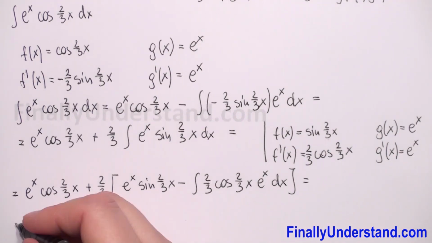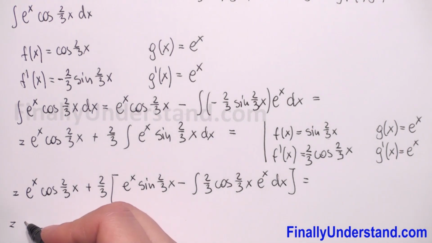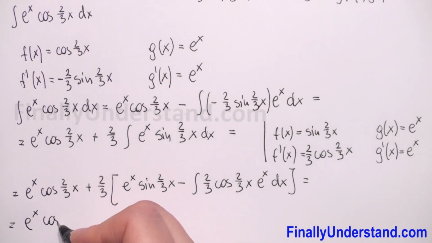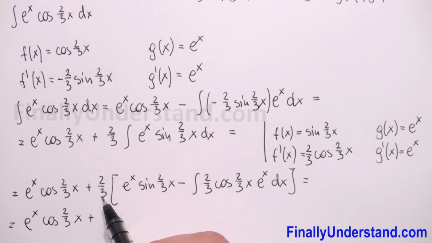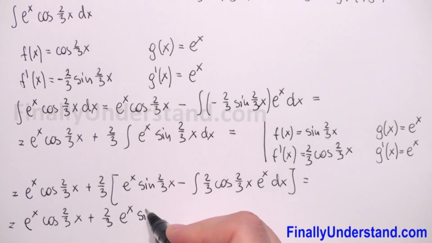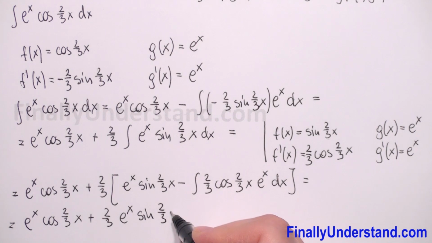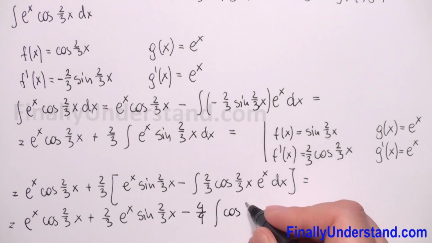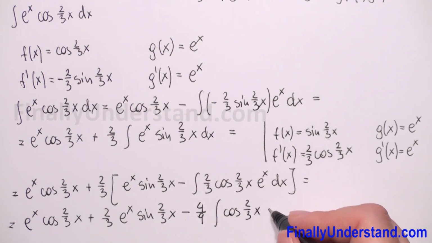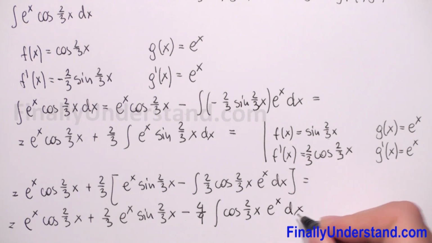So this is equal. Let me rewrite this. We have e to power x cosine of 2/3x plus, we can do multiplication, so it will be 2/3 times e to power x sine of 2/3 of x minus, we have to multiply 2/3 times 2/3, so it will be 4/9, and we have integral of cosine of 2/3x e to power x dx.